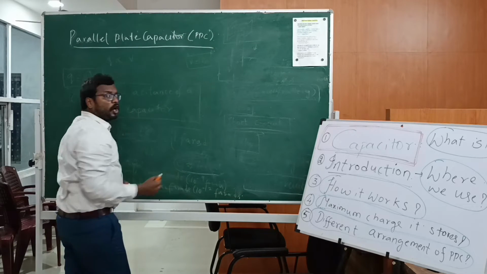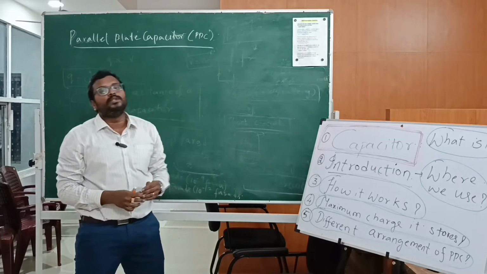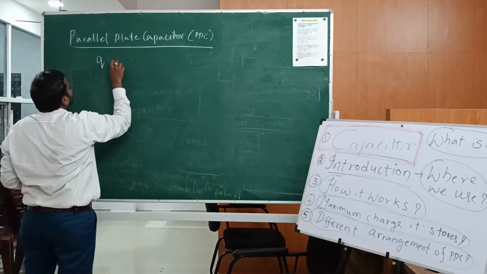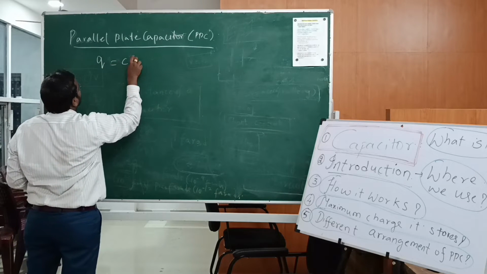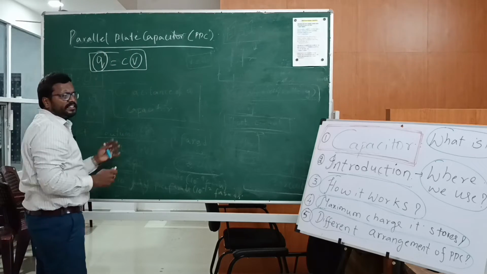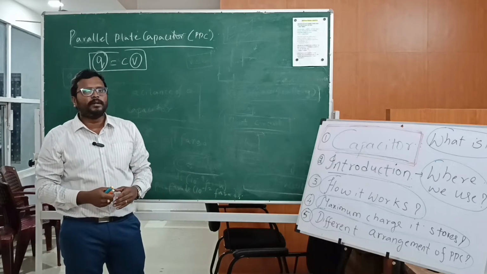Can we increase how much charge it can store? Yes, we can do that. Now I want you guys to think whether, with Q is equal to CV, the voltage and charge change the capacitance of the parallel plate capacitor. Think about it a little bit.